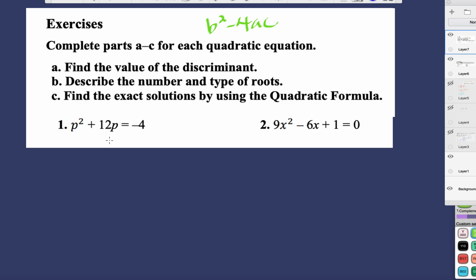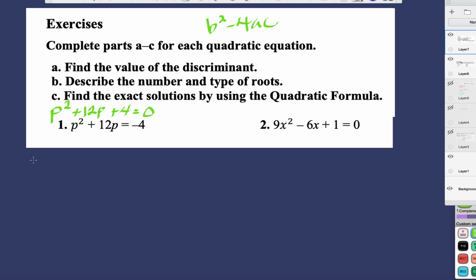We know that number 2 is already in that form, but let's set up number 1 to be in that form. What we're going to do is add 4 to both sides. So it's going to be p squared plus 12p plus 4 equals 0. Now we know our b is 12, our c is 4, and our a is 1.